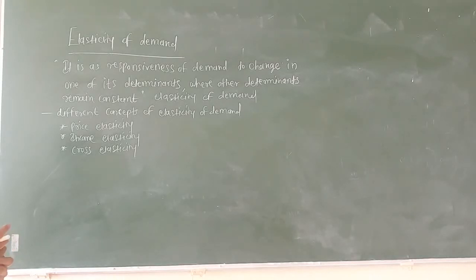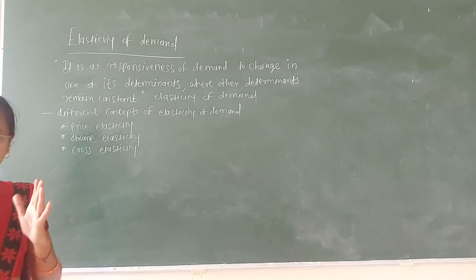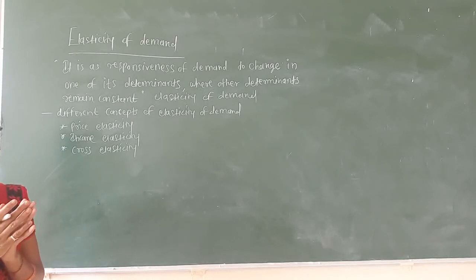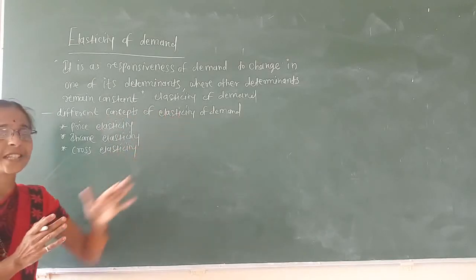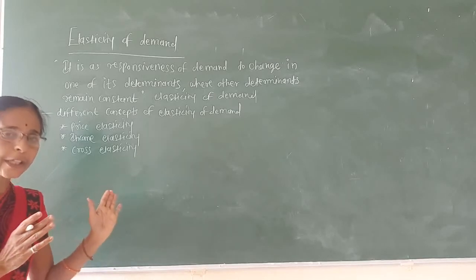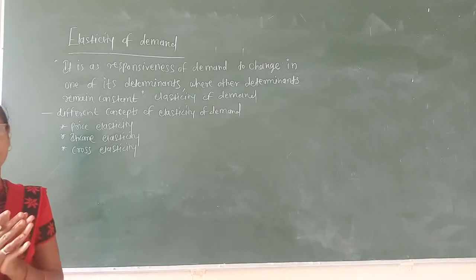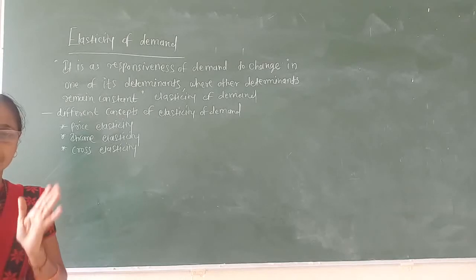Suppose there is a change in the price of the commodity, then what happens? Suppose there is a change in the income of the consumer, then what happens? The demand changes according to the price, the income, and the tastes and preferences of the consumer.